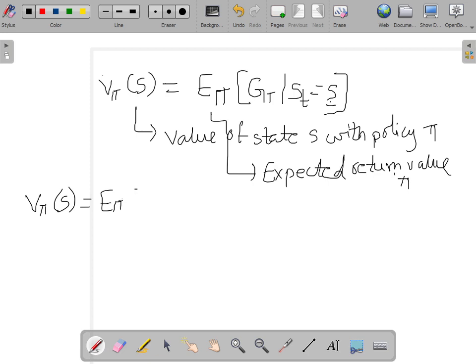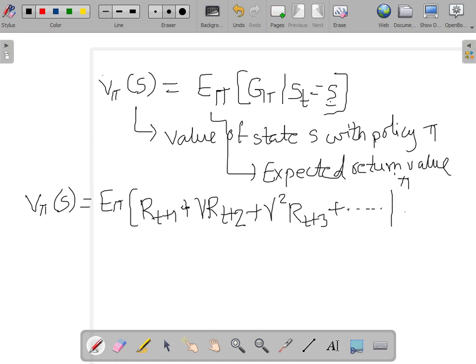Instead of G t, what I am taking here is R of t plus 1, plus gamma, the discount factor, R of t plus 2, plus gamma square R of t plus 3, plus so on.